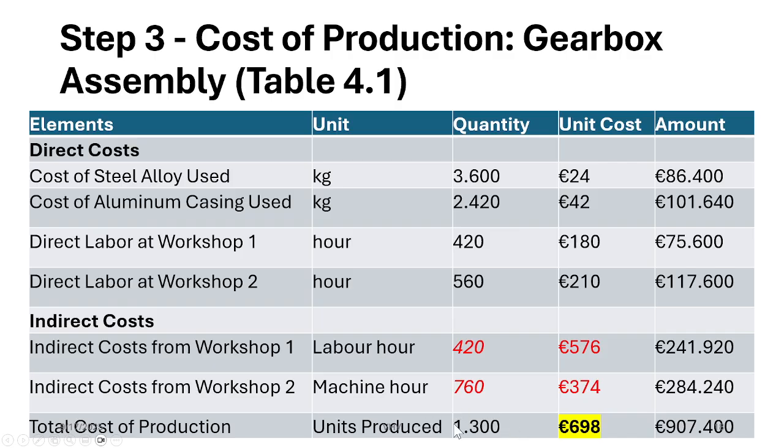We can look at the production during this period for each product, right? To calculate the cost of production, we sum up all of the direct cost and indirect cost, divided by the quantity. So we have a unit cost of the sample gearbox after workshop 2 of 698 euro per unit.